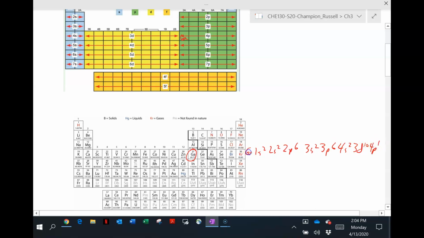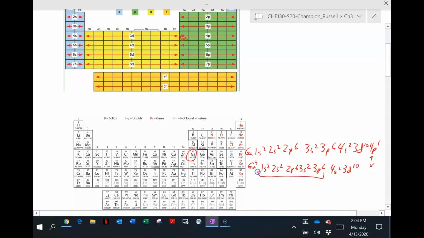That's gallium. If I do gallium plus 1, all I do is lose the 4p1. So that goes away, and so it's going to be 1s2, 2s2, 2p6, 3s2, 3p6, 4s2, 3d10.